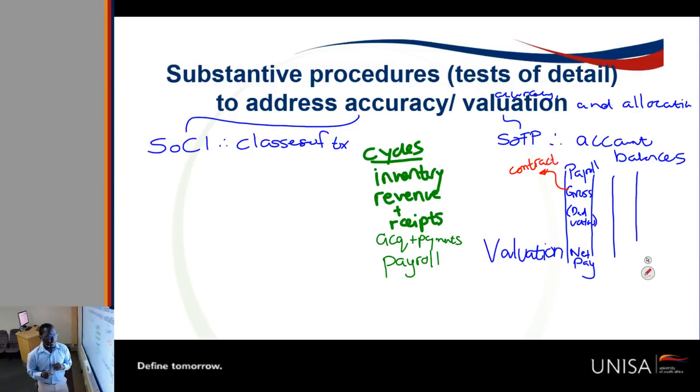Our deductions would be from SARS tax tables, so you would agree that to SARS deduction tables. And then our net pay, you'd want to see that the gross amount less deductions is in fact equal to the net pay. So our net pay would be a recalculation.